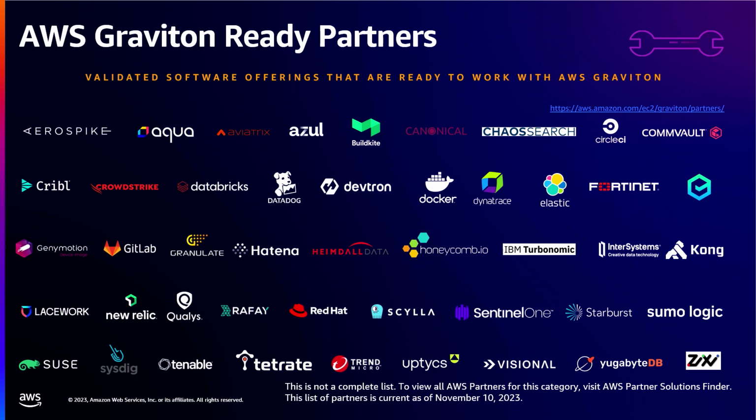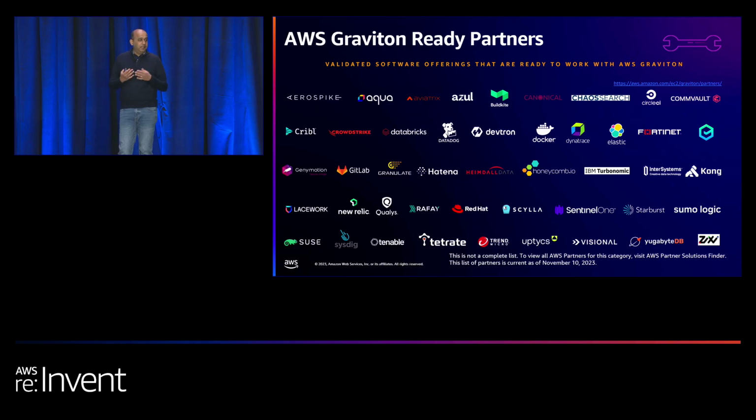These are also validated through our solutions architects team, and this ensures that you have an easy on-ramp to picking up software that's already been tested and is working on Graviton. So this is a fast-growing list, and we have a full list published on our website that I encourage you to refer to.